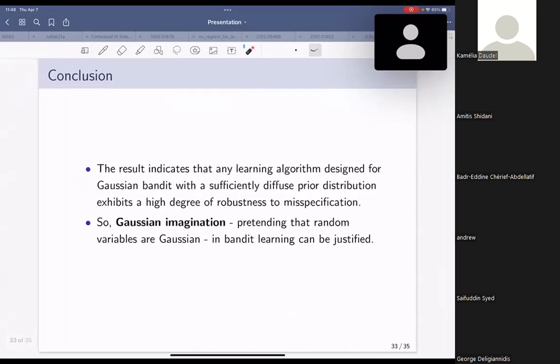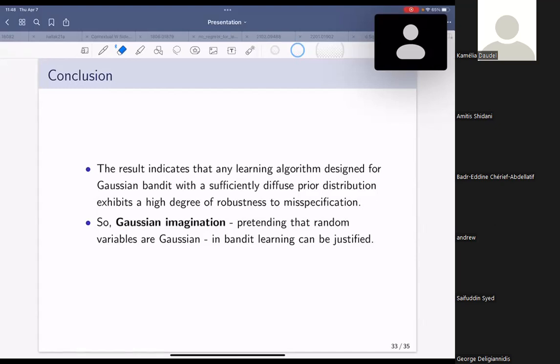So as the conclusion, this paper showed that any learning algorithm or policy that works well for the Gaussian environment, like Thompson sampling or information directed sampling, if we assume that the prior is diffuse enough, we can still use for the case where we have a Bernoulli environment, but we are acting according to the Gaussian bandit. So it's very robust to misspecification.